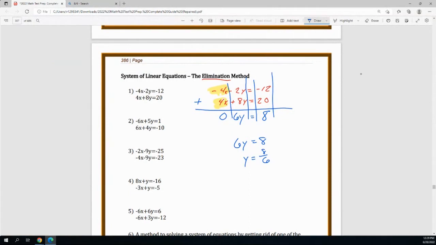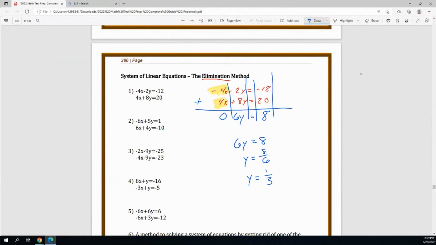Because that's 4/3, I want to leave this as a fraction. It's kind of hard to use a decimal like 1.33333, that's not a good number. So I'm going to leave it as a fraction, y equals 4/3.